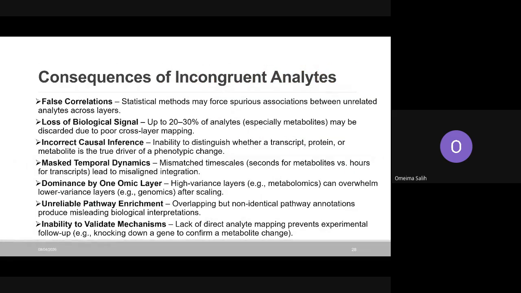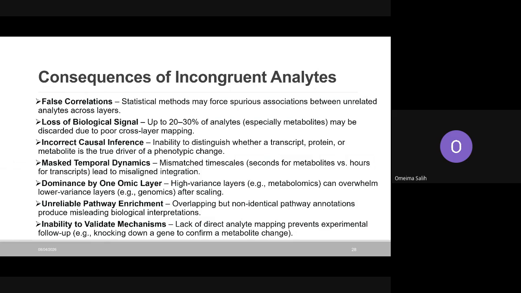So the consequences of this are false correlation, loss of biological signal, incorrect inference, and masked temporal dynamics, that means mismatched time scales. That means if you expect that the frequency of gene expression is already recorded, then you might find that this is not fixed as a time factor.